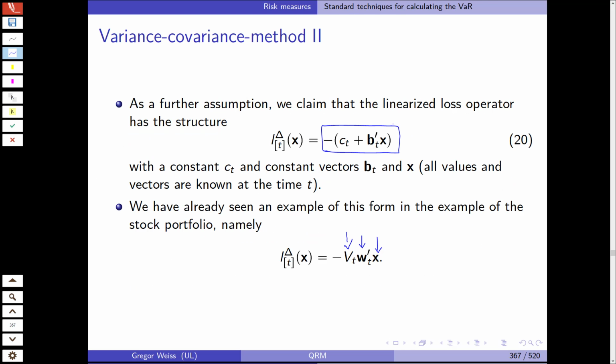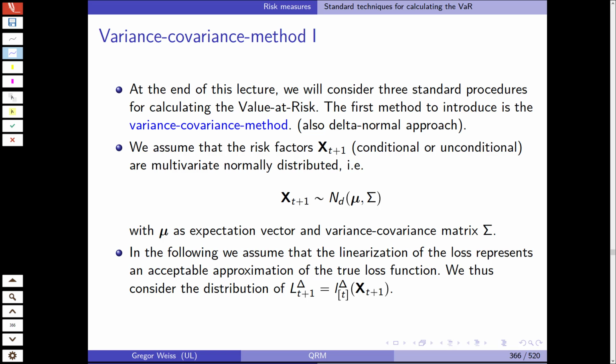And because in the case of an option portfolio, you're actually using a delta approximation, this is called a delta normal approach. Delta normal or variance-covariance method. Why variance-covariance? Well, because it depends on the variance and covariances for the risk factors in the normal distribution. Very simple model.